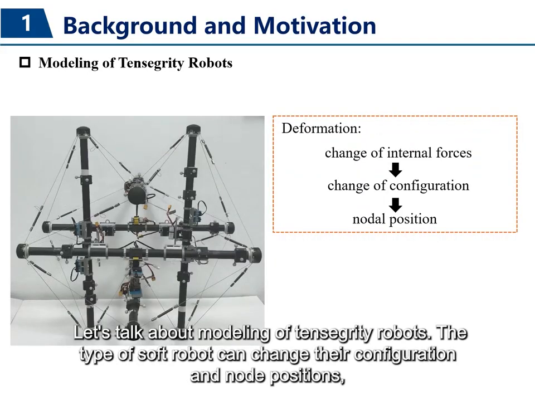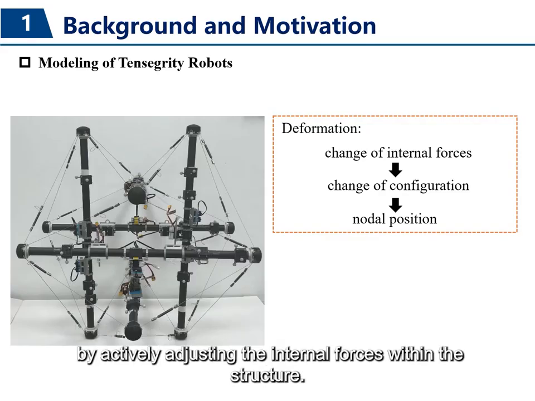Let's talk about the modeling of tensegrity robots. As a type of soft robot, tensegrity robots can change their configuration and node positions by actively adjusting the internal forces within the structure.